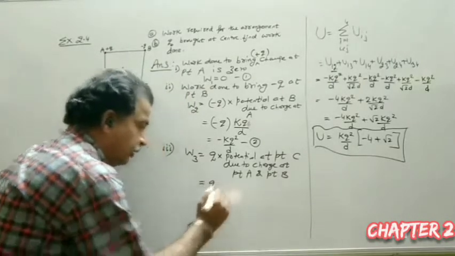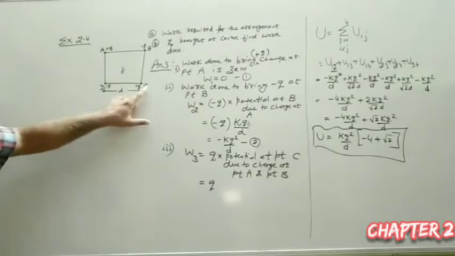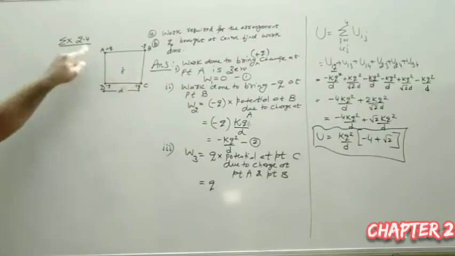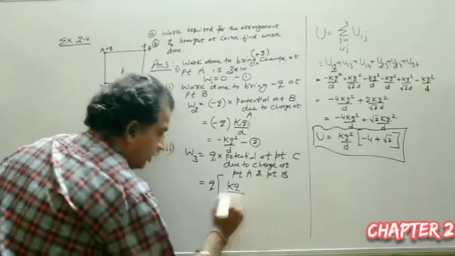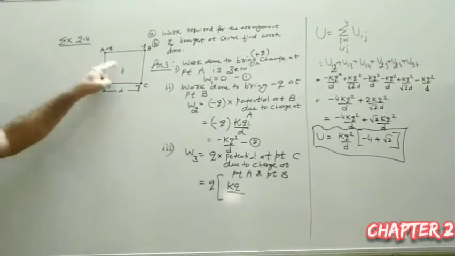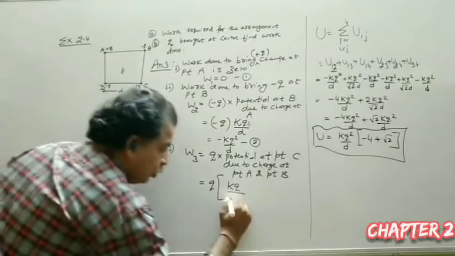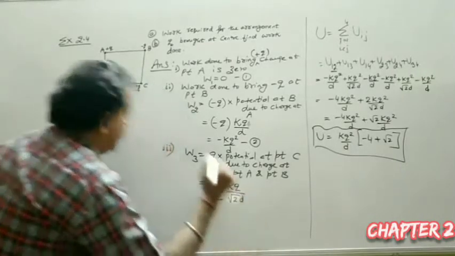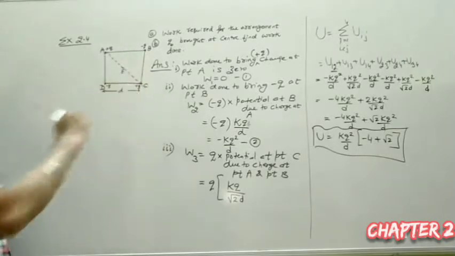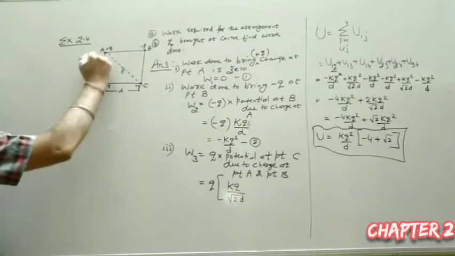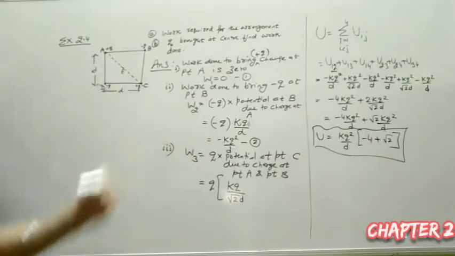Now what will be the potential at C due to A? It will be k source upon distance between test and source. This will be root 2 d, by the Pythagoras theorem.